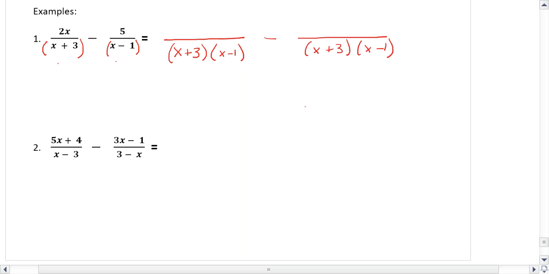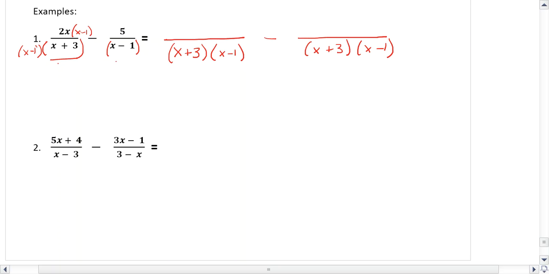So now we have to do the next step of figuring out what to multiply by. Well, I had x plus 3. In order to get this x minus 1, I needed to multiply both the top and bottom of this first fraction by x minus 1. I think I'm going to put that in the front here just so it stays clear.